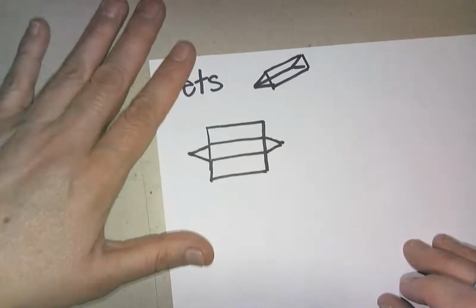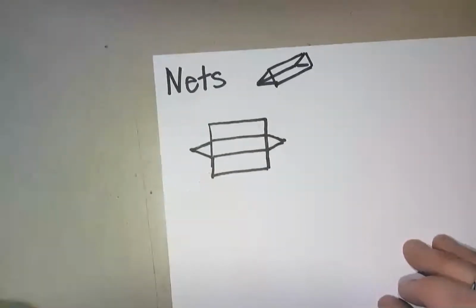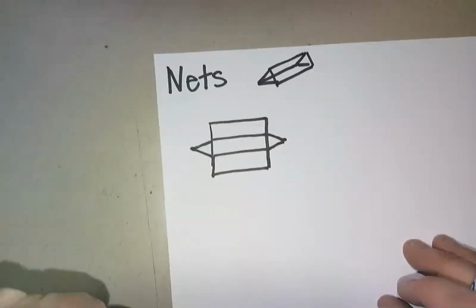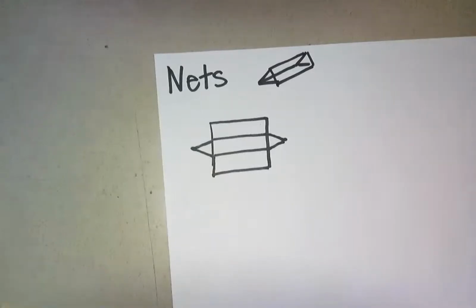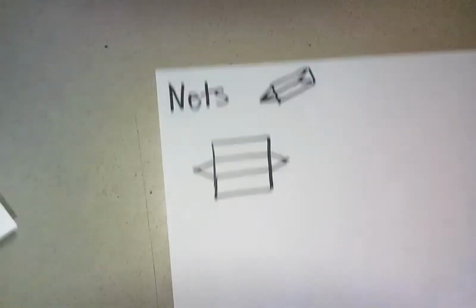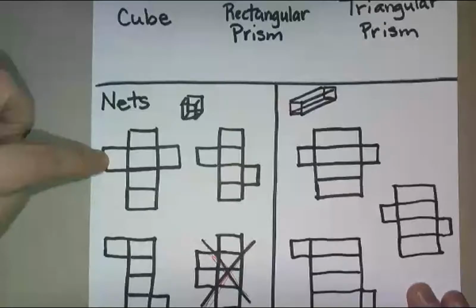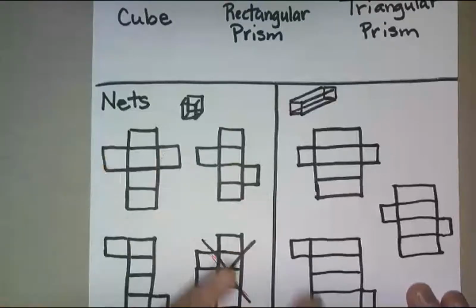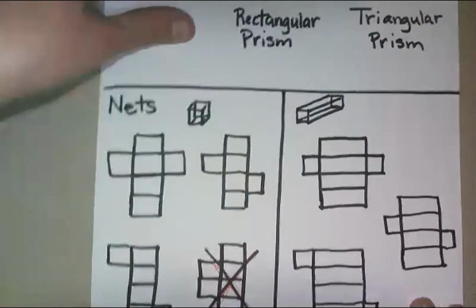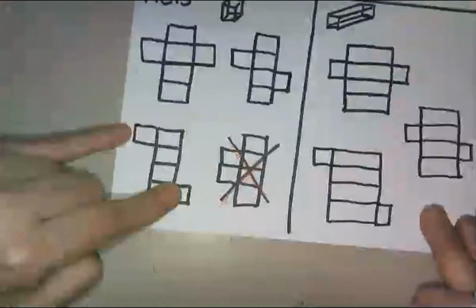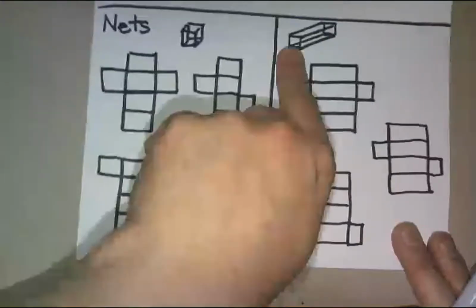You think you're going to be able to draw these nets? Okay, so let's go over that again. We have our net for our cube. You can make the two sides just off of one of each other or exactly diagonal from each other. Same thing for the rectangular prism.